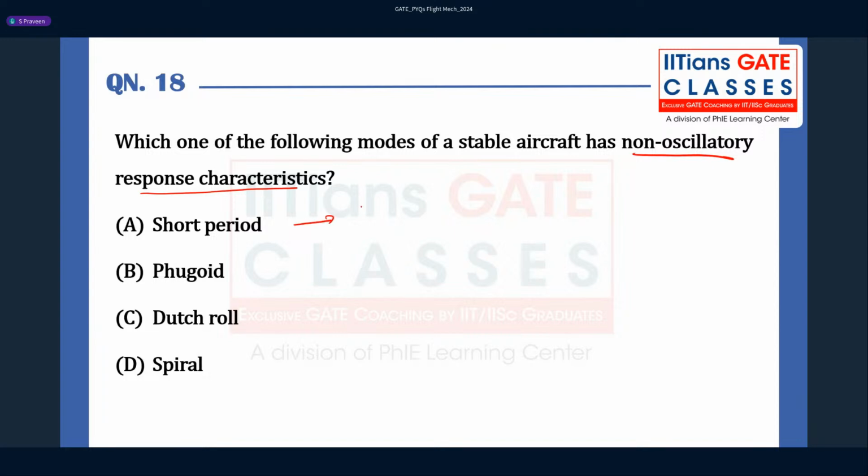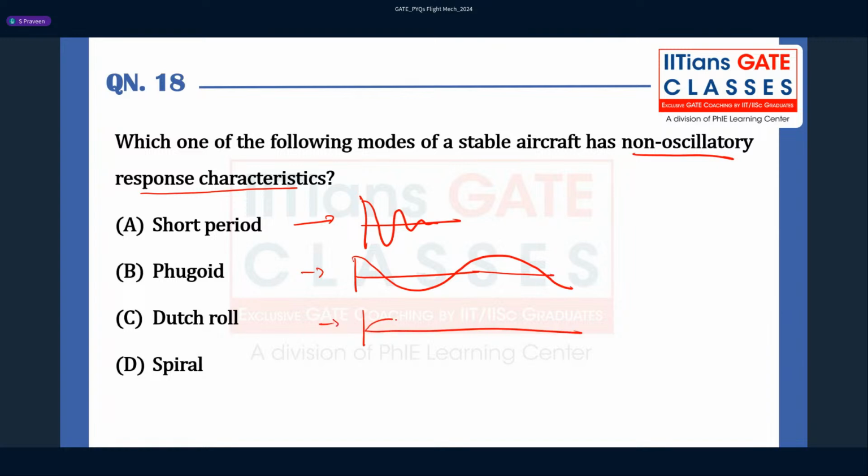Short period looks something like this. Phugoid looks something like this. Dutch roll also looks similar to the Phugoid mode. Spiral is the one which looks like this.